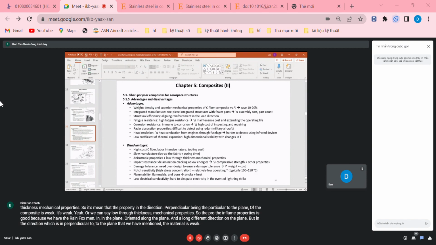Okay. The material has, to a certain extent, low impact resistance, and can form delamination cracking at low energies, which reduces the compressive strength and other properties.